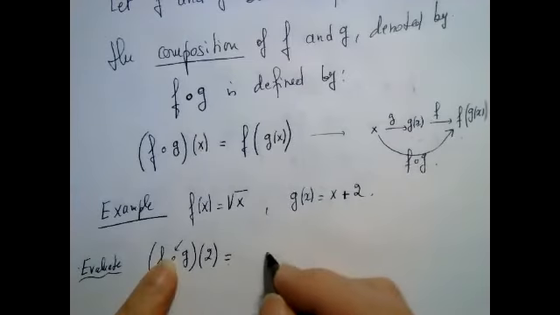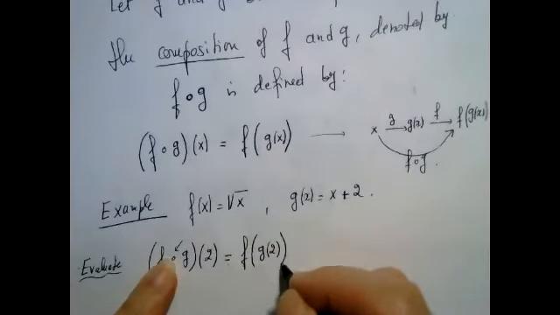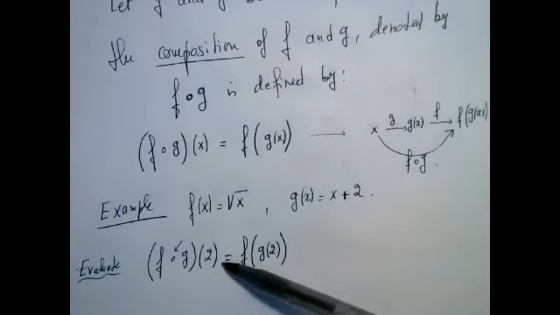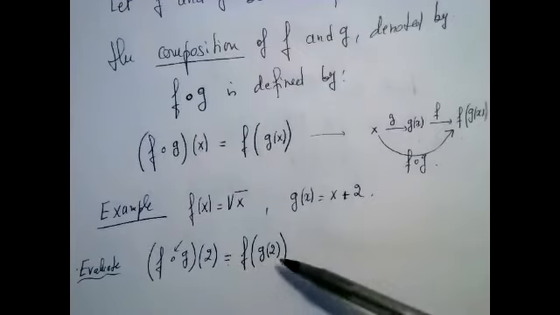You start with 2, you find g of 2, and then you find f of g of 2. That's going to be the most important step, to interpret the composition. So it's f of g of 2. You're not multiplying, you're finding f of g of 2.